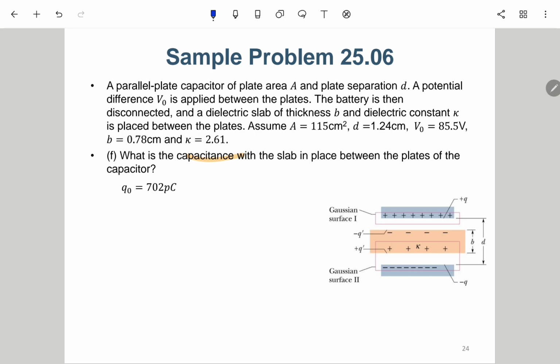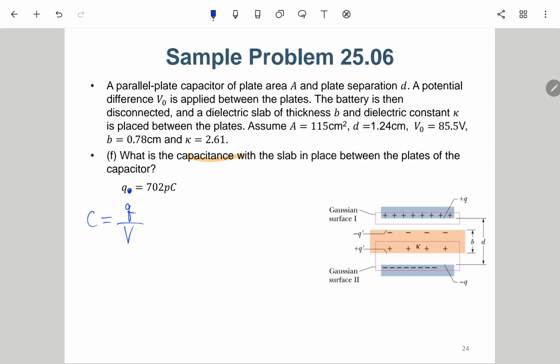So C will be Q over V. It is just this easy, because Q doesn't change at all and we already know the new potential difference.